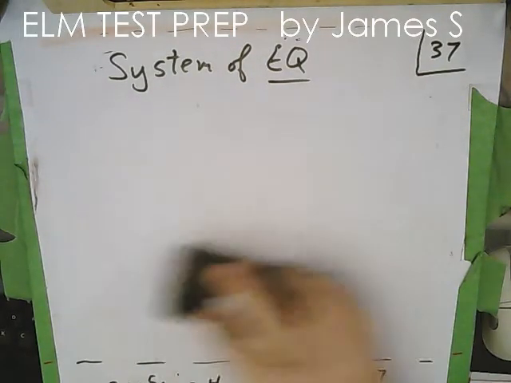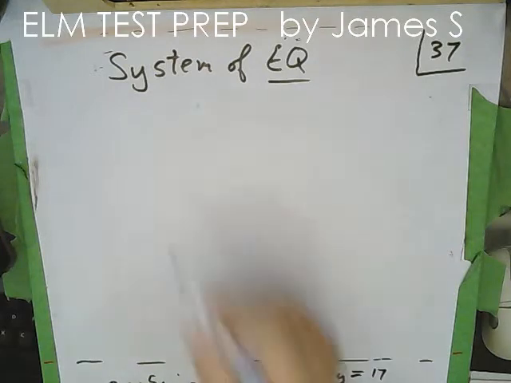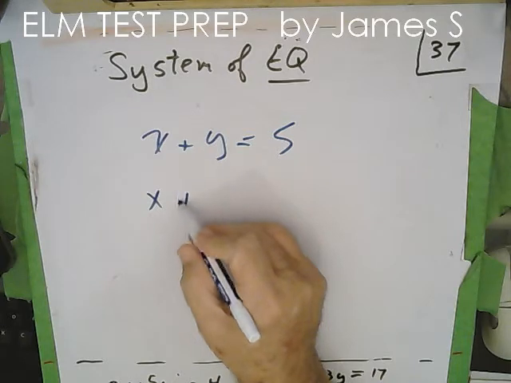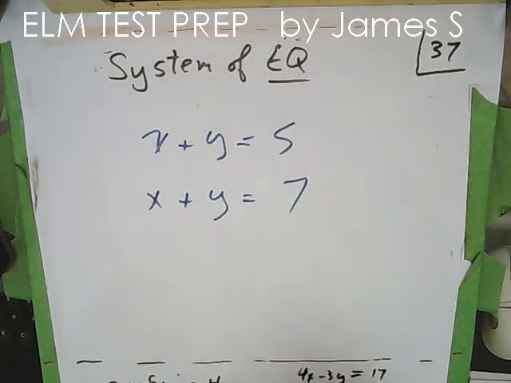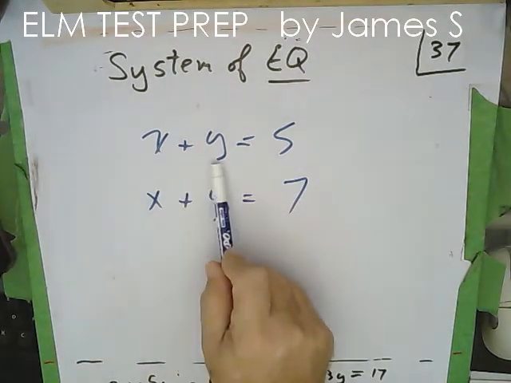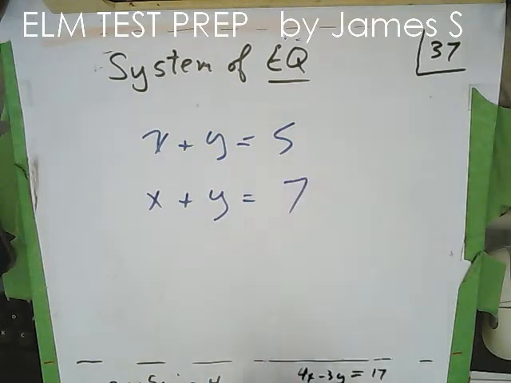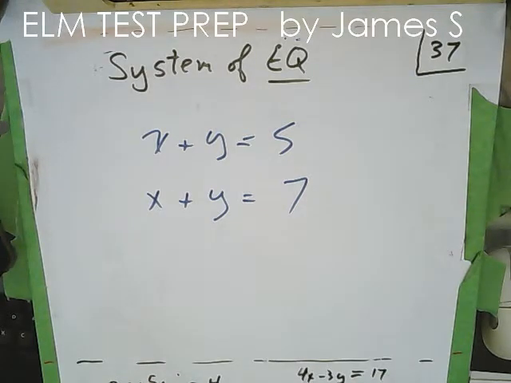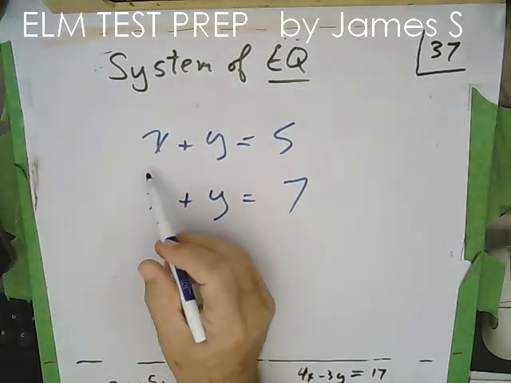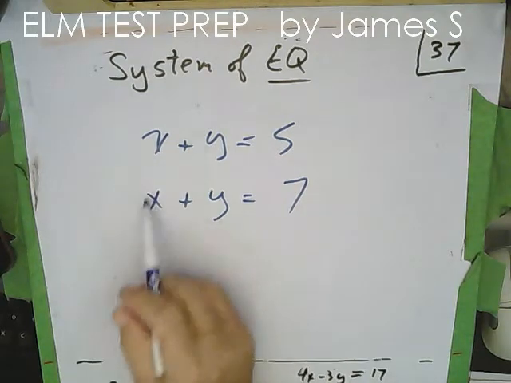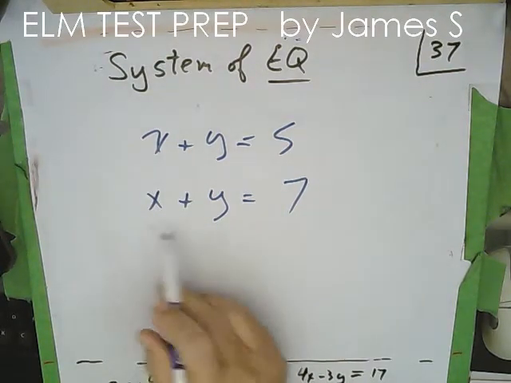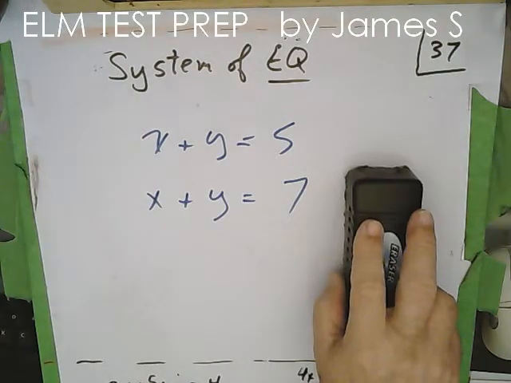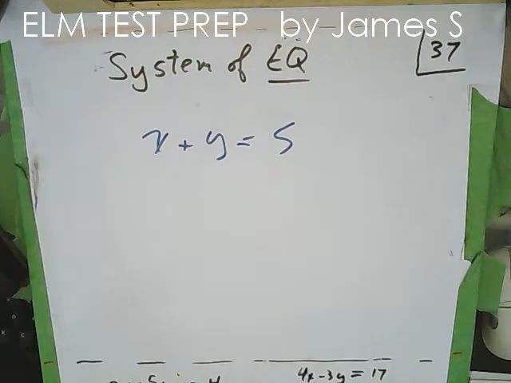All right, so how would that look algebraically? Well, x and y, 5 and 7. Now, if these two had been the same value, they would have been the same line. But they're not the same line, but they are parallel, because the relationship of x to y is the same, 1 to 1, 1 to 1. So that would be one way you might see a parallel line.